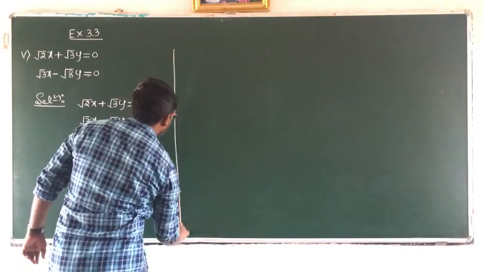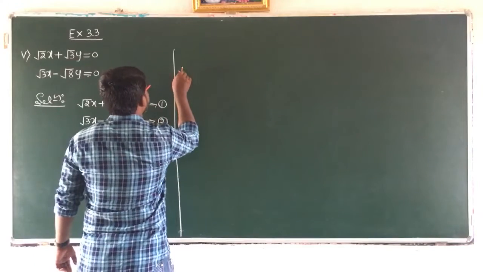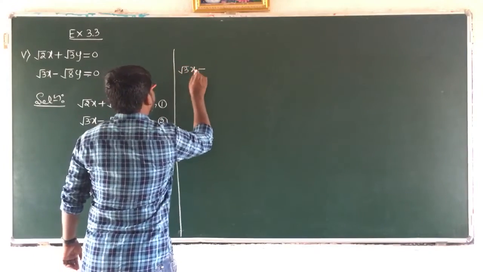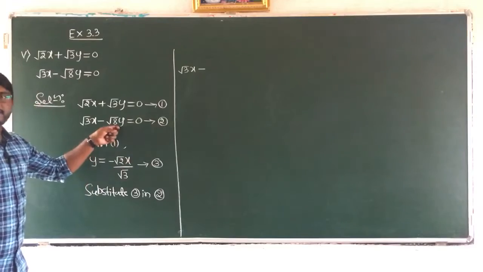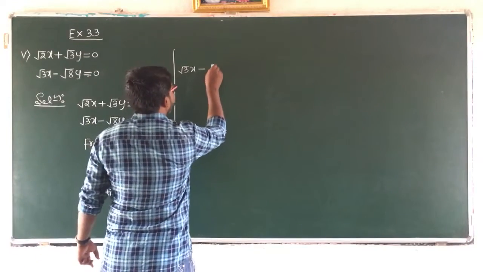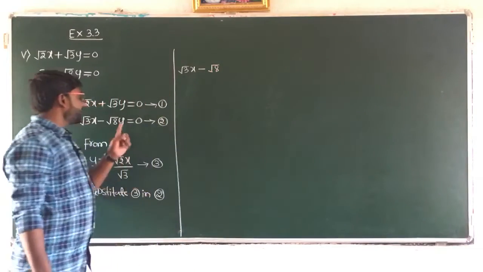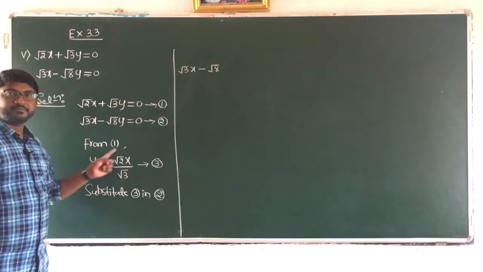So now see here, √3x, write it as it is, then minus √8 as it is, then in place of y, I can write equation 3.